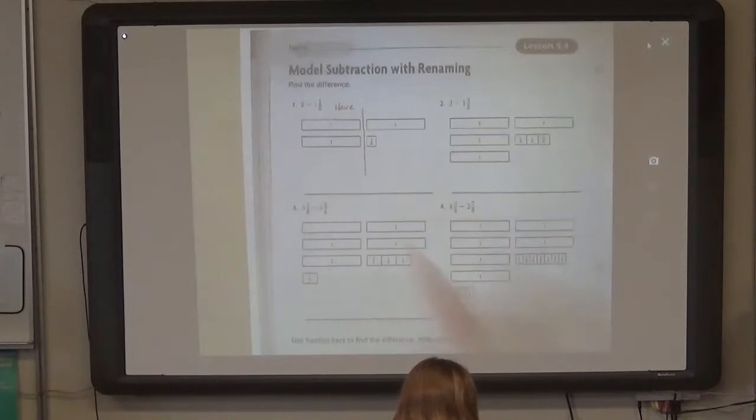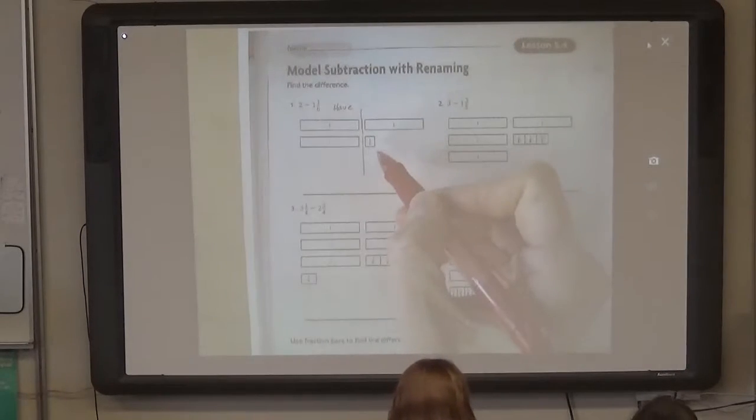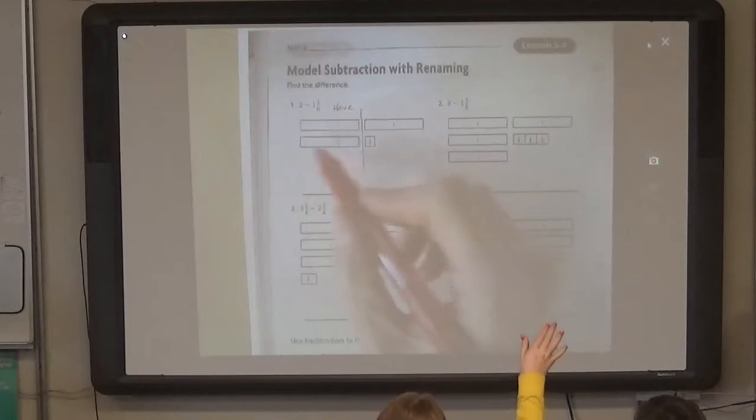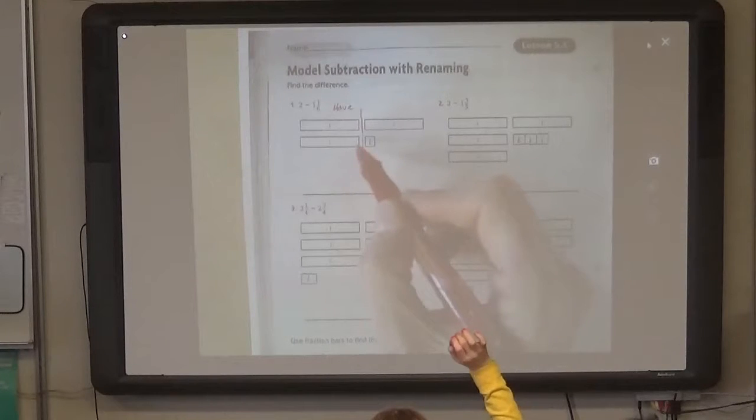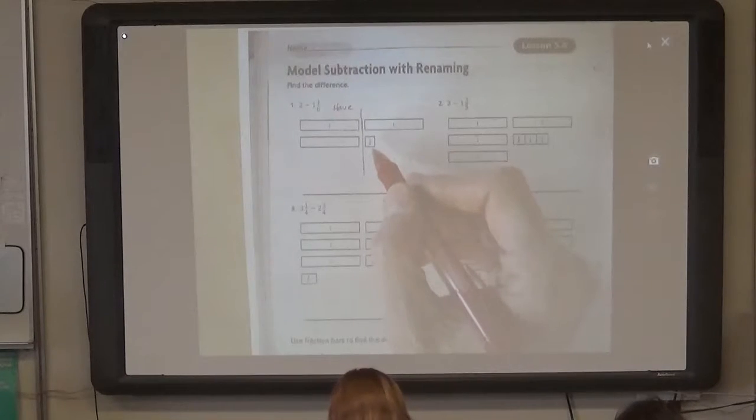Then notice you have 2 wholes, and you need to take away 1/6. So you have to draw lines and break up one of these wholes into how many pieces?